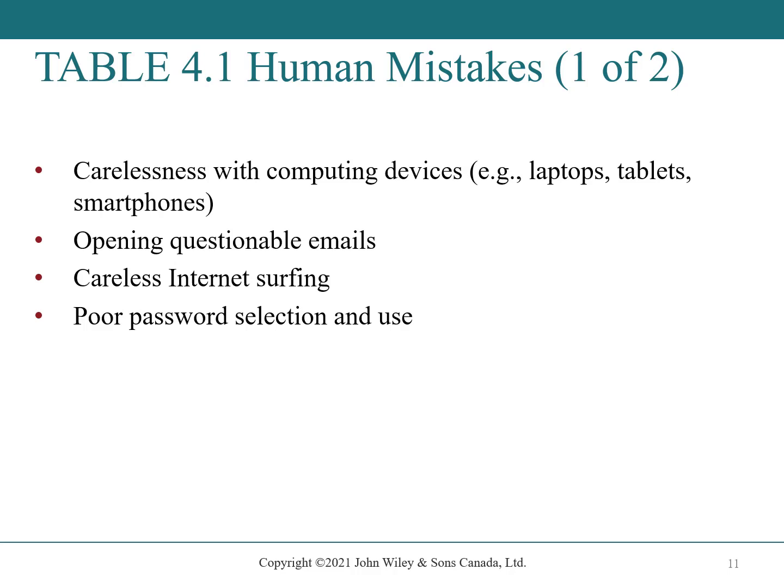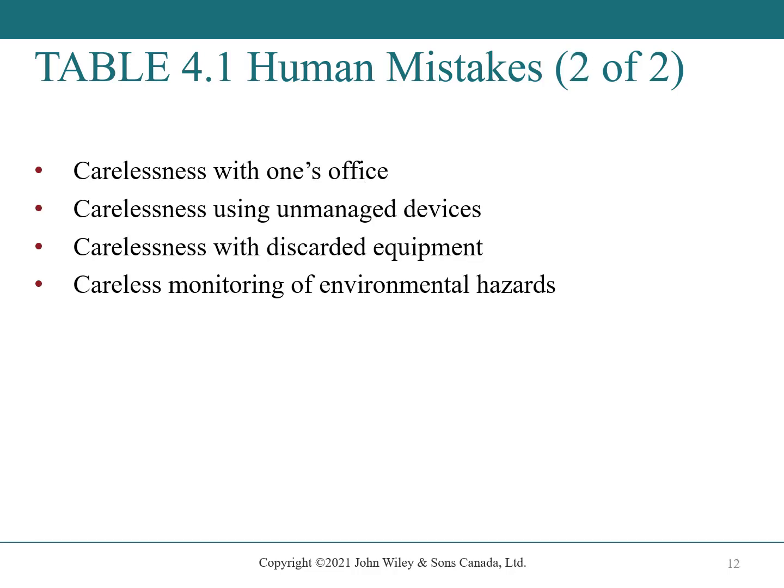There's just some sites you just don't want to surf to. Poor password selection and use generally can be controlled by having policies that require a certain level of password selection. Carelessness with one's office, carelessness using unmanaged devices, carelessness with discarded equipment, and careless monitoring of environmental hazards.